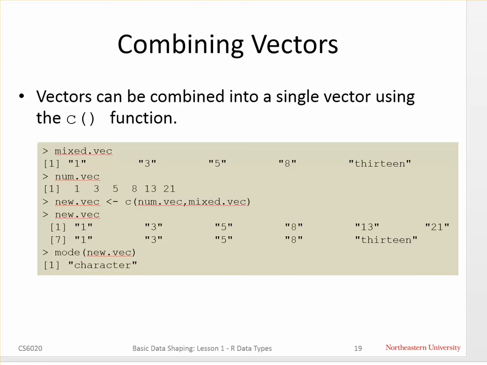Remember, if you have a mixed mode of numbers and characters, everything is converted to character. So my entire vector now is a character vector. And all of the original num.vec elements, these ones right here, got converted to characters because of mix.vec.